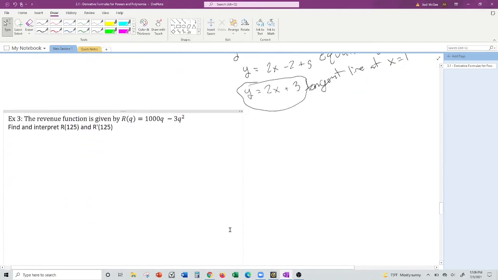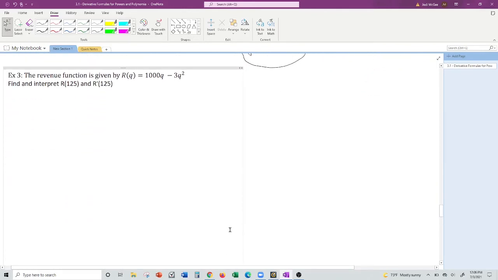Now we're going to move on to example 3, which brings us back to the discussion of revenue. We're given a revenue function, r of q is equal to 1000q minus 3q squared. We are to find and interpret r of 125 and r prime of 125. So r of 125, we've done something like this already 100 times.